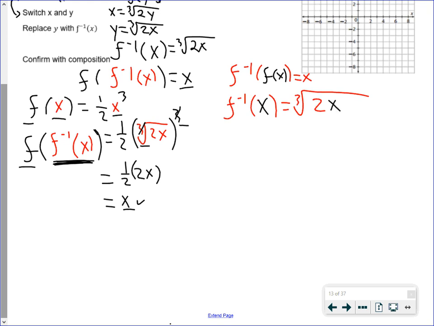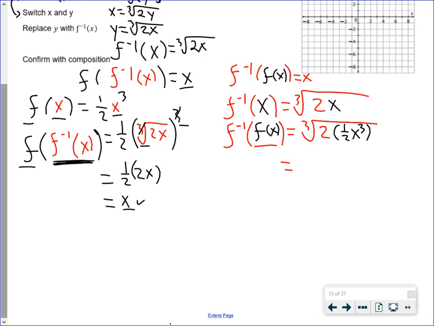And what we want is the f inverse function of f of x. So we're going to rewrite this function in terms of f of x. So we get 2 times our f of x function, which we said was 1/2 x cubed. So that's what we're going to be solving for.